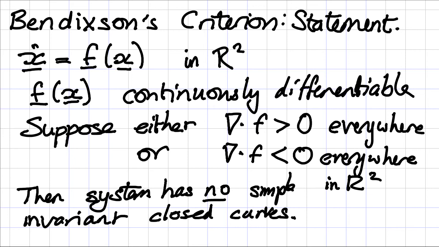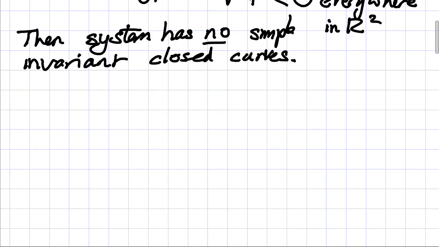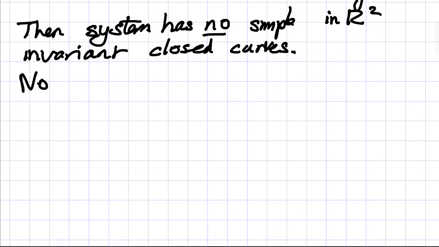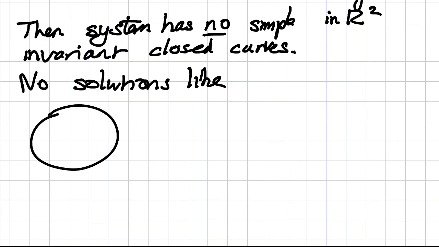So that is to say, no periodic orbits, or any of the slightly more complicated things. So also no homoclinic orbits.